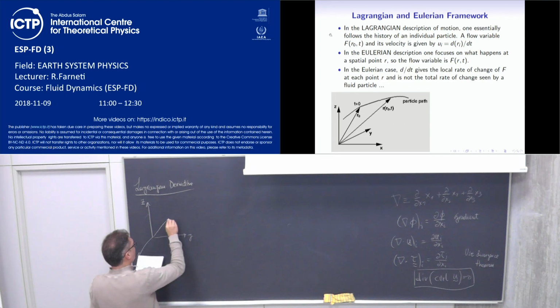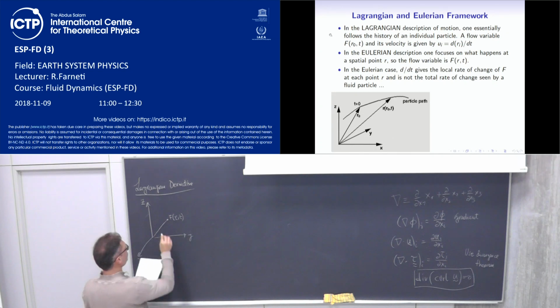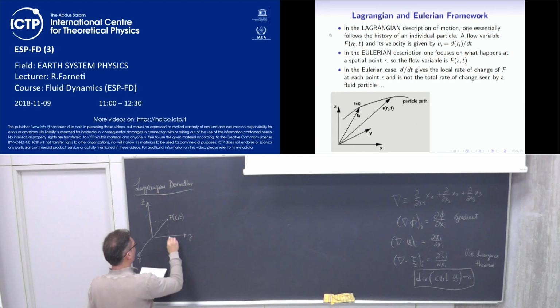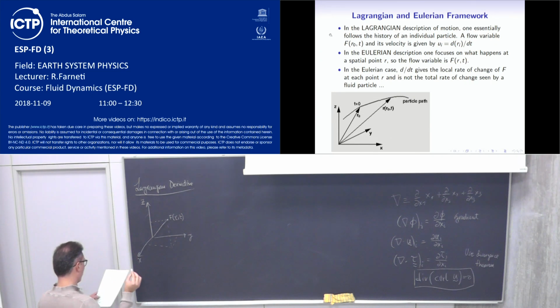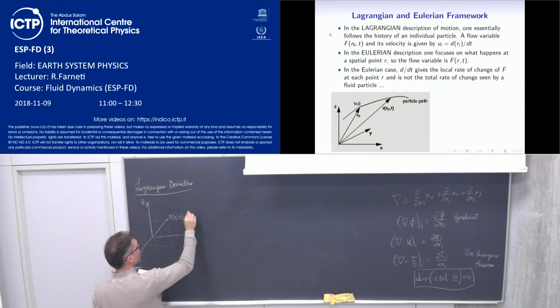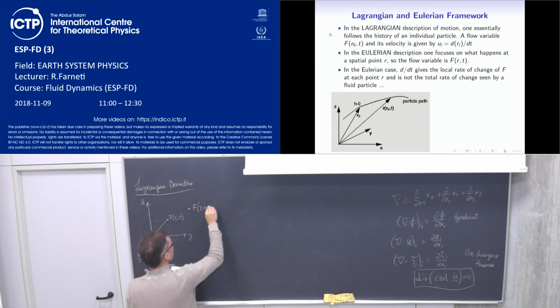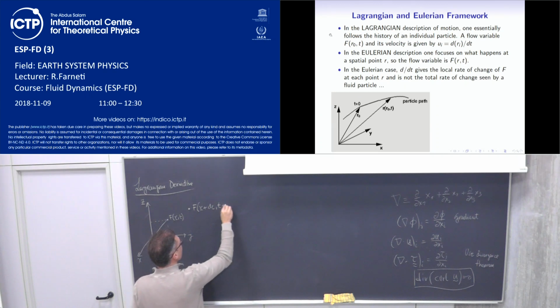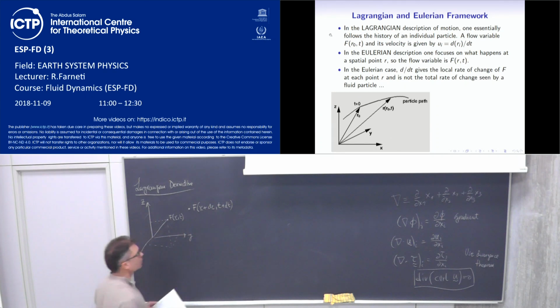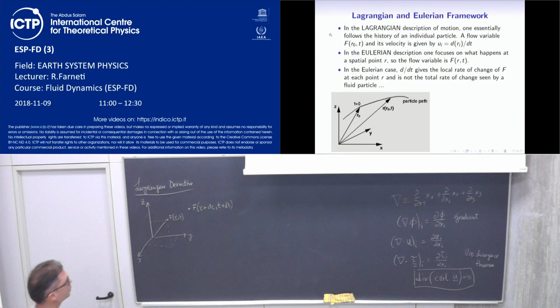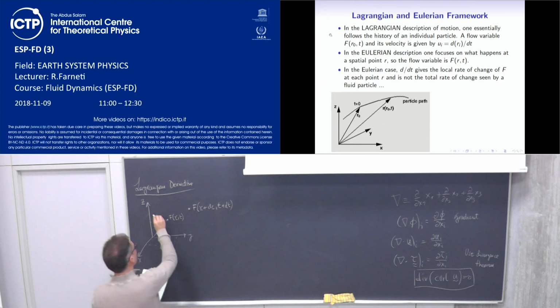So we have an f here, which is a function of space and time. And after some delta t, this particle will be here. So it changes in space after some delta t.